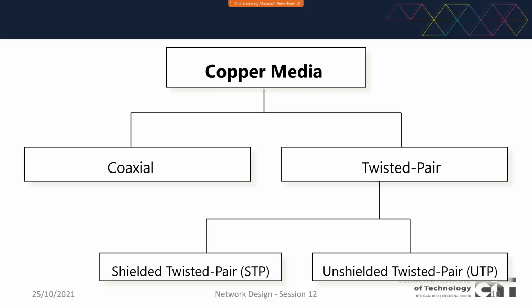With the shielded twisted pair, you pay a little bit more of a premium, but you get that extra layer, which basically looks like an aluminum foil wrapped around the thin wires inside the cable. And that provides an extra layer of protection against electromagnetic interference.